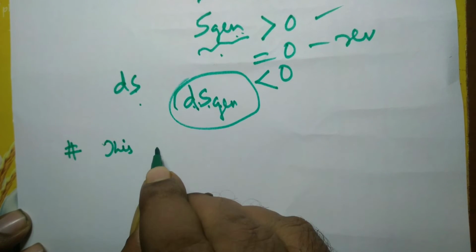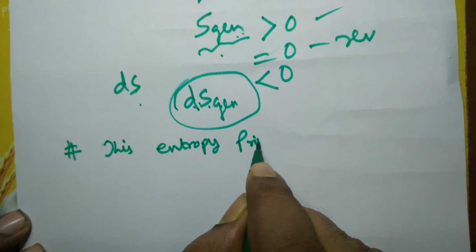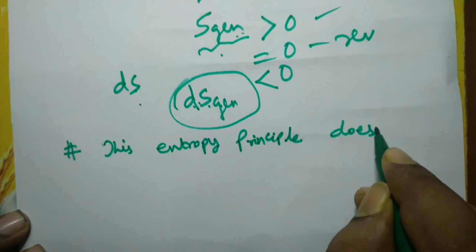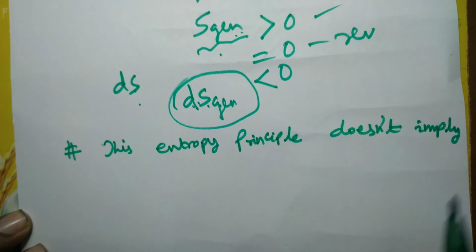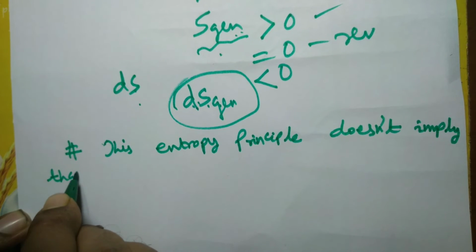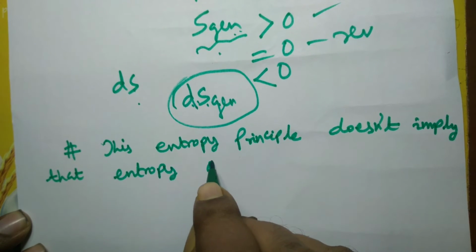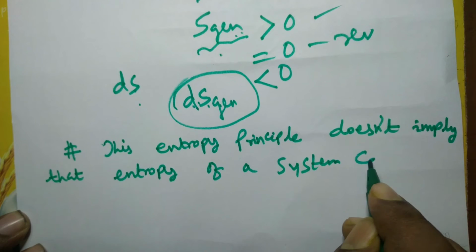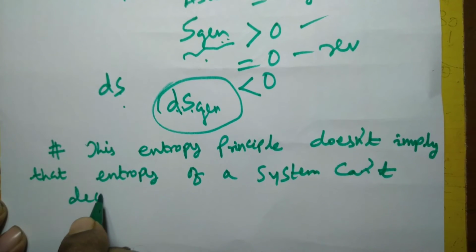This entropy principle does not imply that the entropy of a system can't decrease.